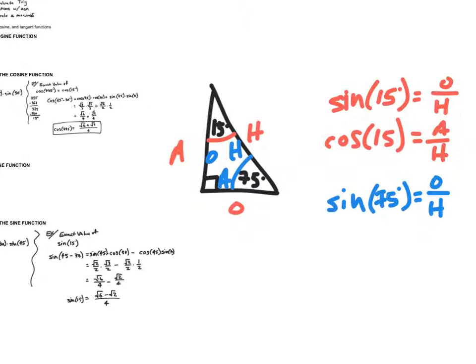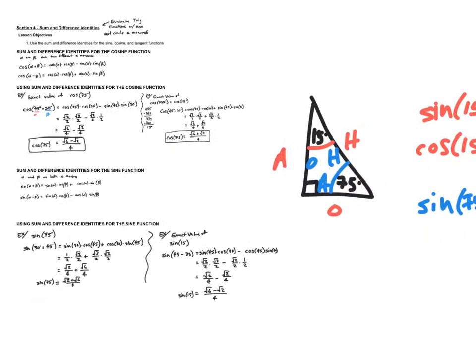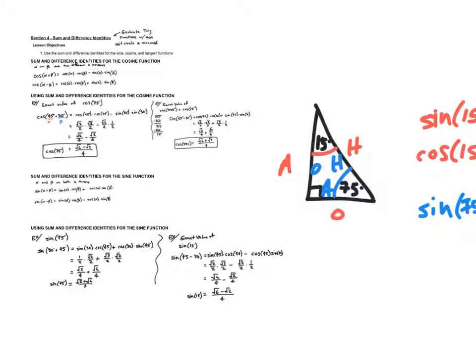So these two things are the same, and that's why you're getting the same thing over here. So sine of 15 degrees is square root of 6 minus square root of 2 over 4, but up here when we did cosine of 75, we got square root of 6 minus square root of 2 all over 4. And so these things are the same. But you just have to go back and think of the triangle and how that works, because we're essentially doing it to the same triangle.